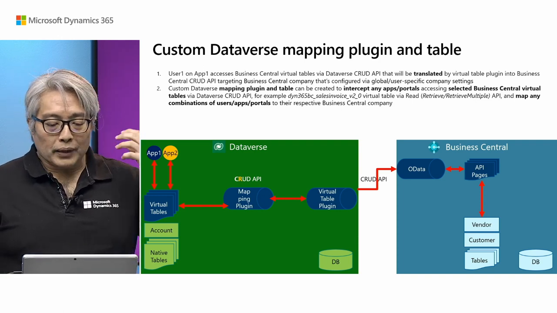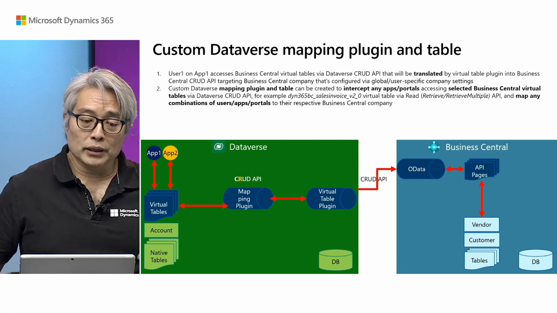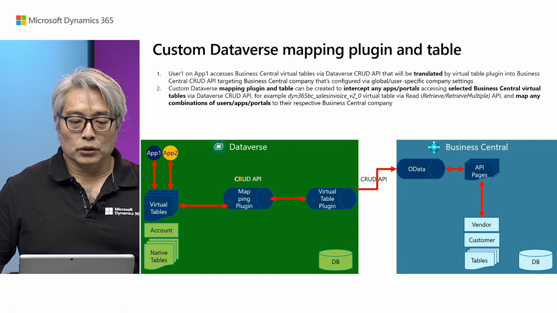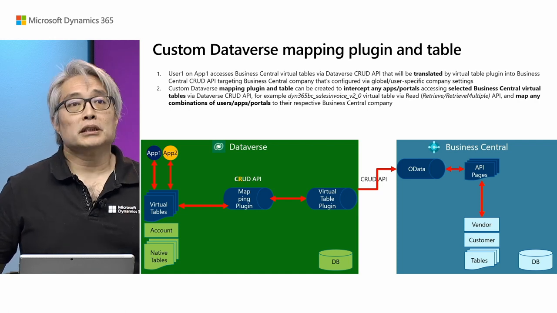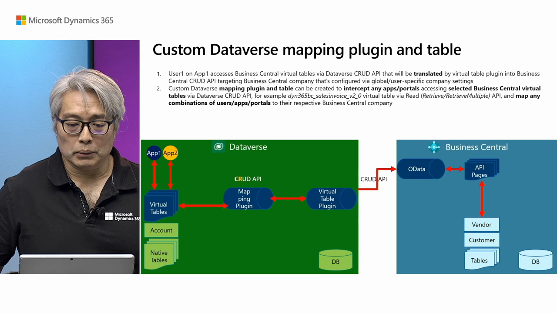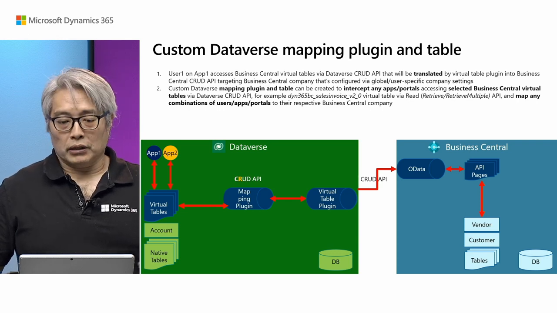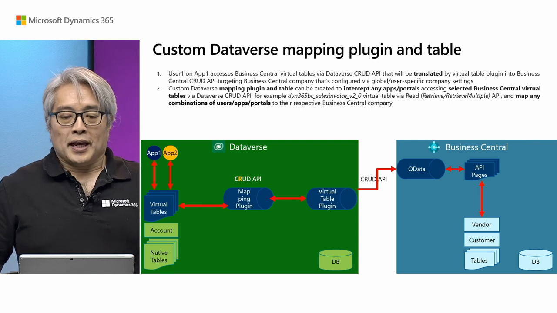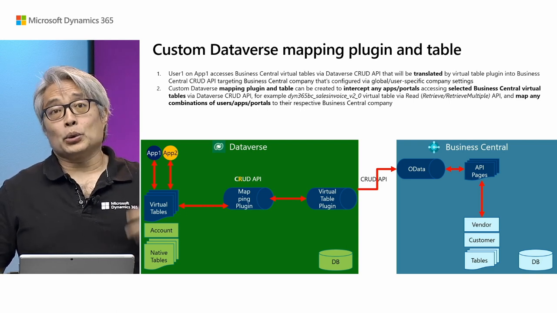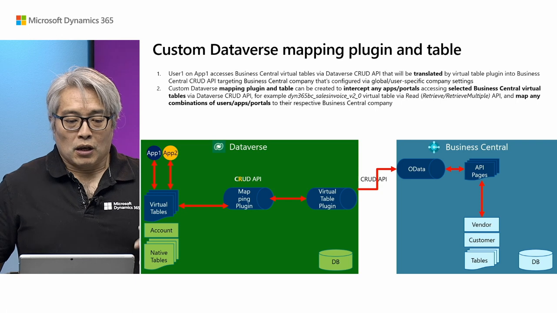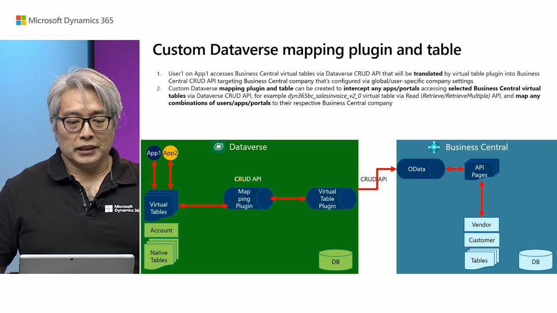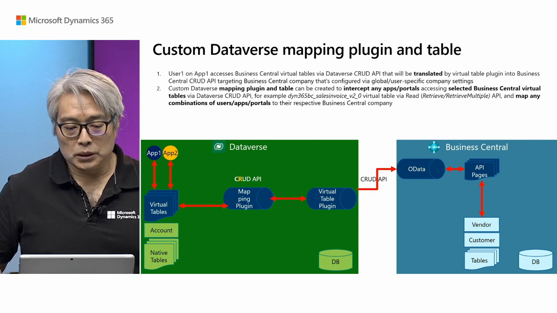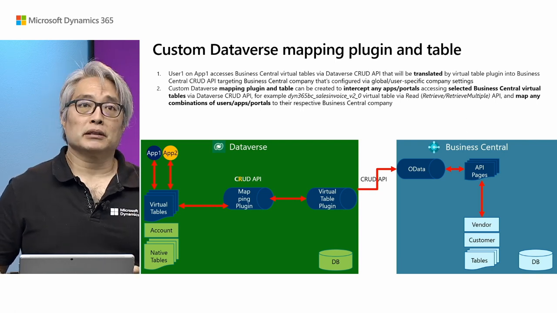For example, I can create a mapping plugin to intercept any request for the Dataverse CRUD API that accesses the Business Central sales invoice virtual table using the read API, which is retrieve or retrieve multiple in the Dataverse world, right? And then you can also create a mapping table where you put the records that map any combination of users, apps, and Power Pages portals to their respective Business Central company.